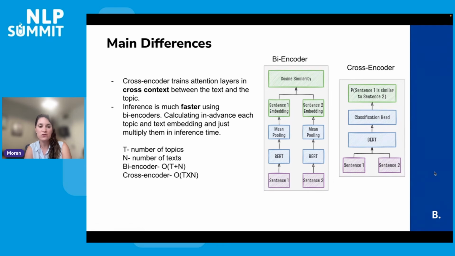Using the cross-encoder architecture, we need to embed the cross between them, because for each topic and text pair we need to encode the embedding.